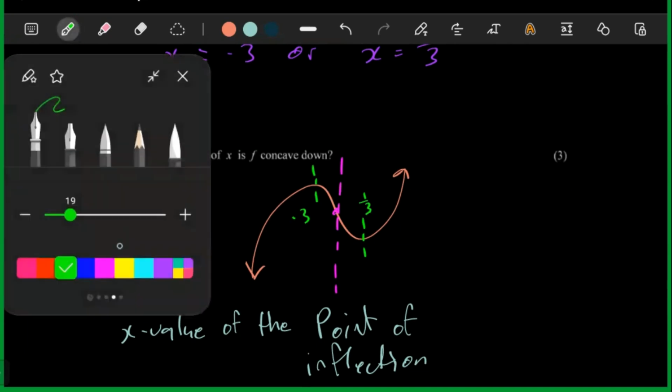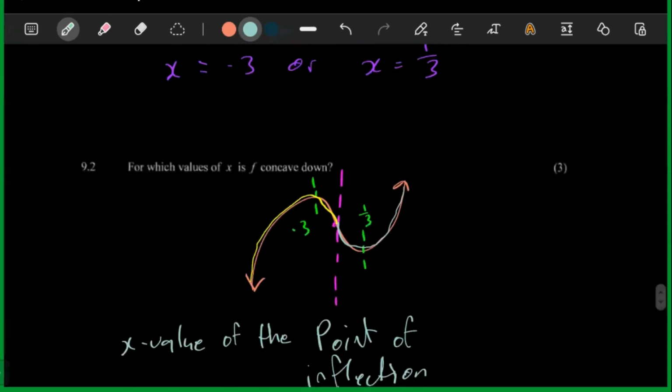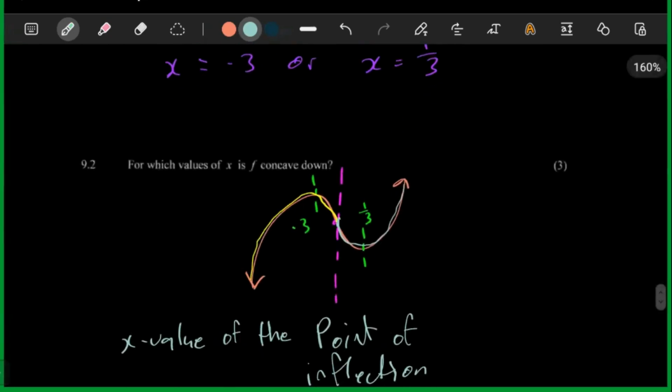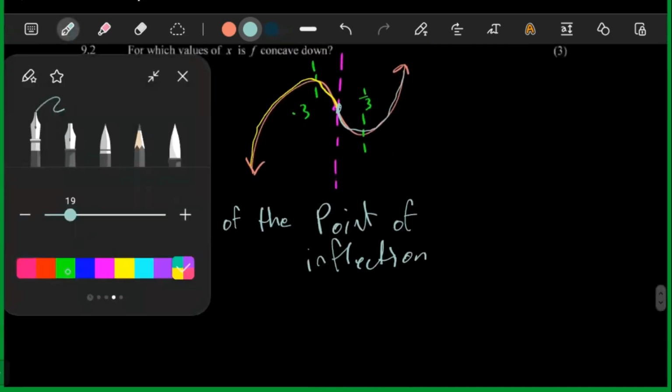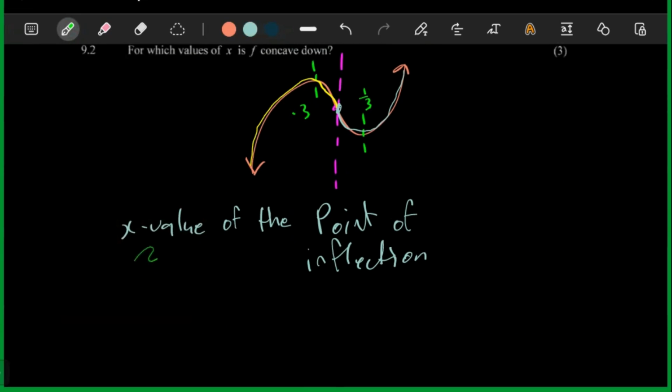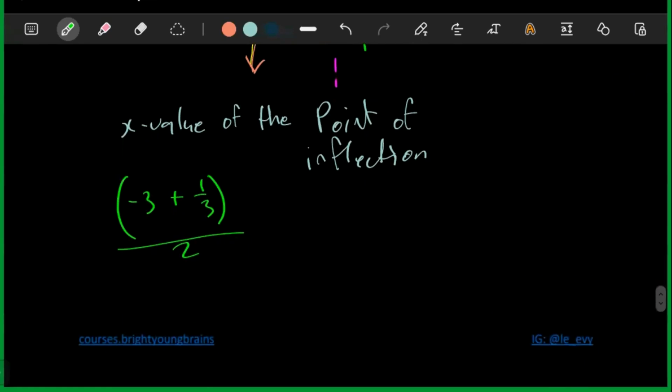The reason why that's important is because the side that's frowning is the side that's concave down, and the side that's smiling is the side that's concave up. We first need to find the middle so that we can say the graph is concave down from this x value going to the left. So find the middle of -3 and a third: -3 plus a third, divided by two.